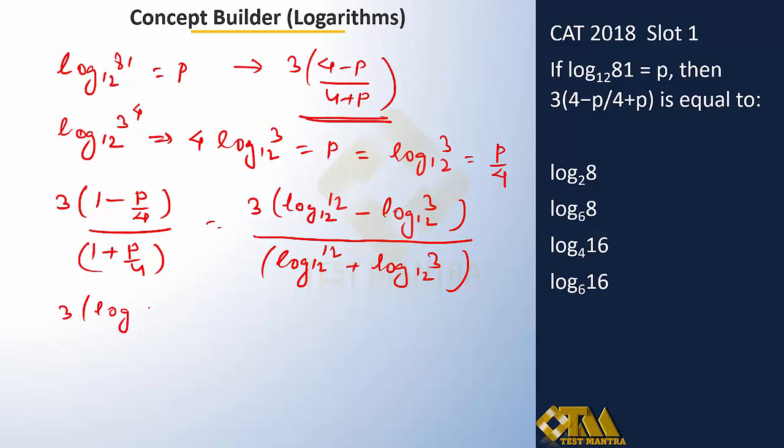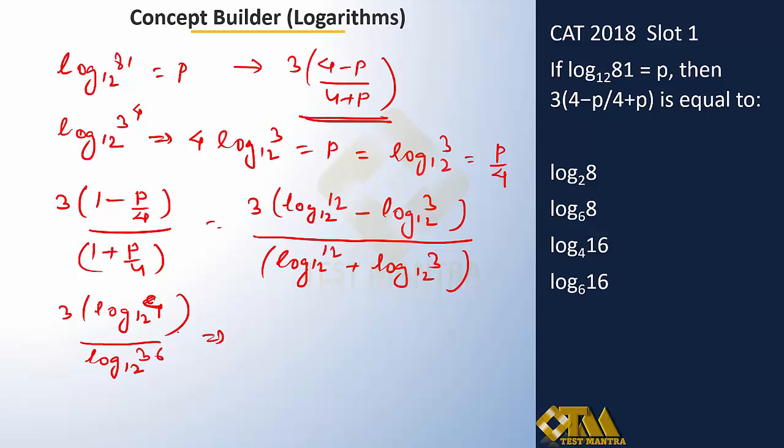So further I can write this one as 3 times log, since it's subtraction, so 12 by 3, that's log 4 to the base 12 divided by, here it's log 36 to the base 12, right?